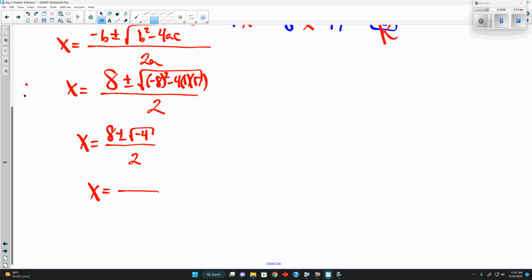Now we do need to see if we can simplify this here. Well, the negative inside the radical is going to come out as i, leaving us with the square root of 4. Well, the square root of 4 is 2, so we get 2i.